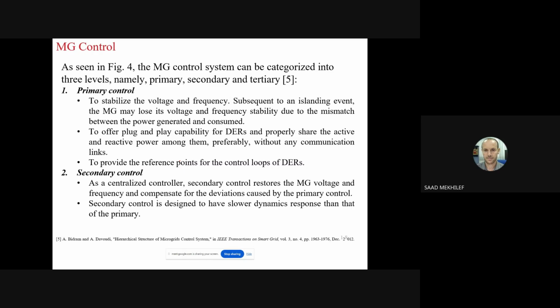For example, you can use classical control techniques, or you can even use machine learning or new techniques to control the microgrid, especially when you have a large number of microgrids connected to each other.